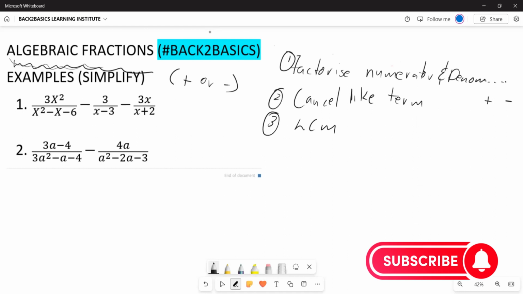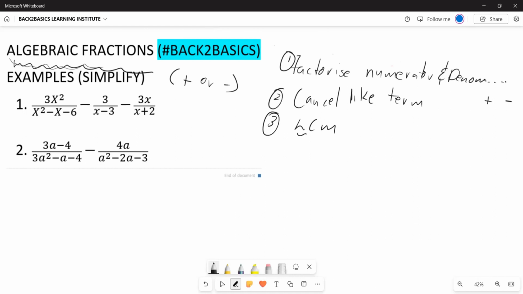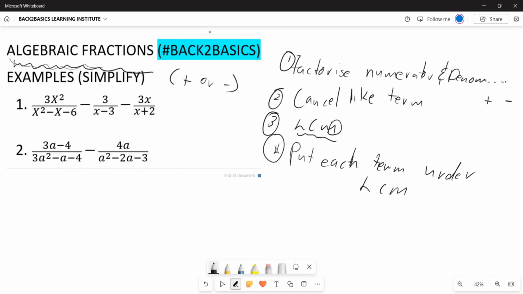And once you have found your LCD, your lowest common denominator, you must put each term under your LCD. So that is also important that you need to do.